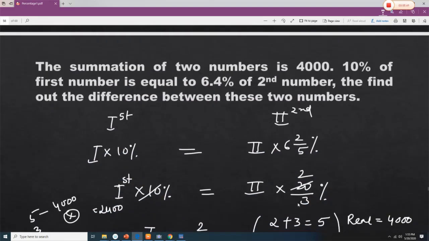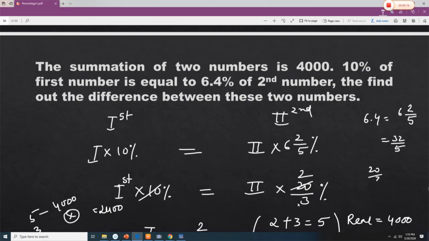The summation of two numbers is 4000. 10% of the first number is equal to 6.4% of the second number. Now let's say 6.4 is equal to 6 and 2/5, so it is 32/5. So the first is 10% and the second is 32/5 divided by ... so it becomes a ratio of 2 to 3.